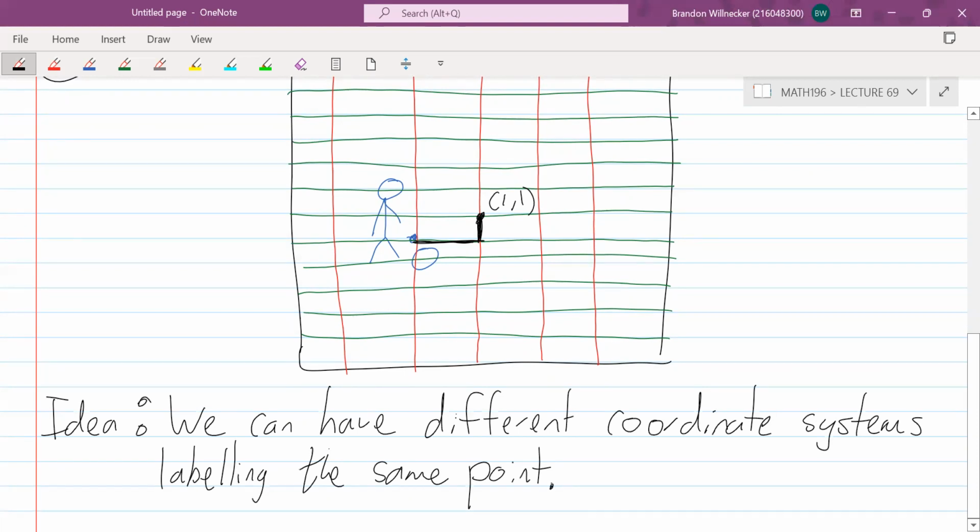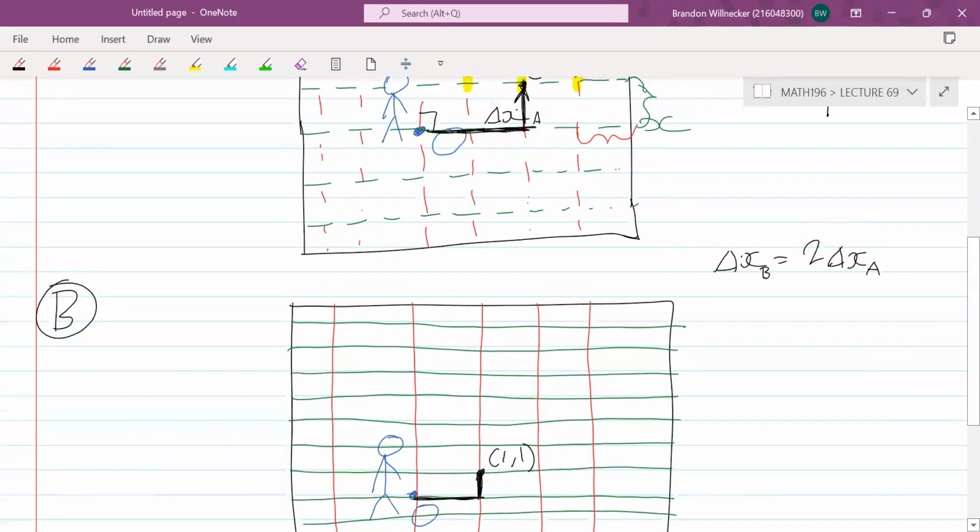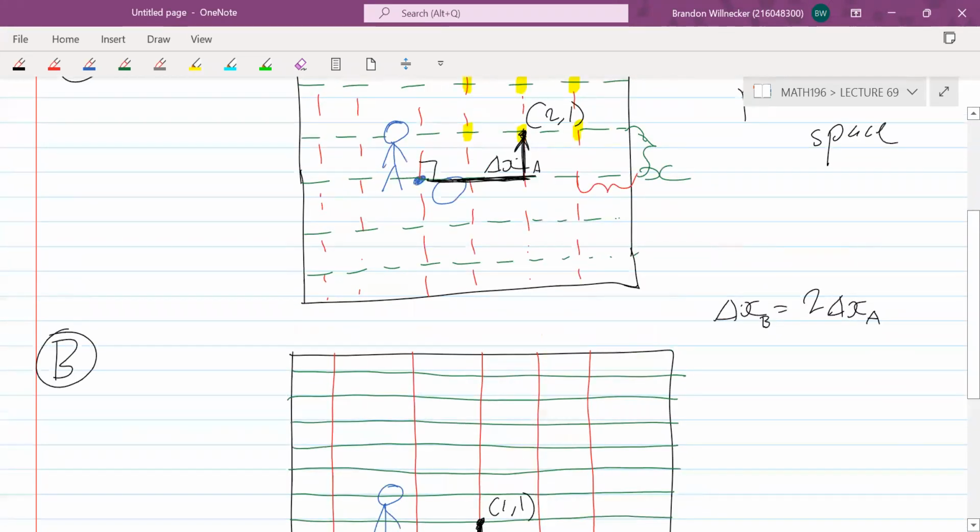So you've got the same points in both cases, but a different label because you're using a different coordinate system. The coordinate system has nothing to do with the points. The points remain the same. However, the labels are now different.